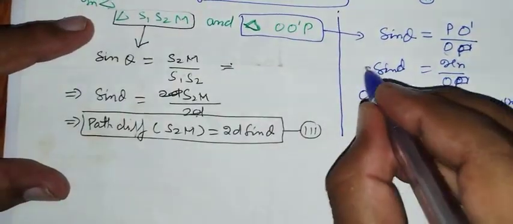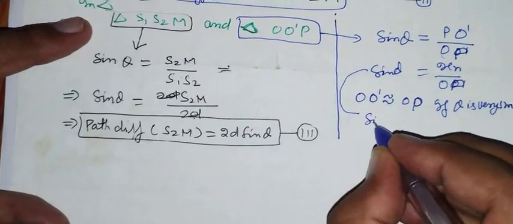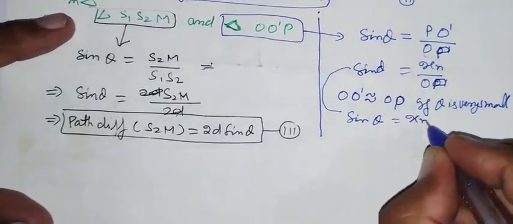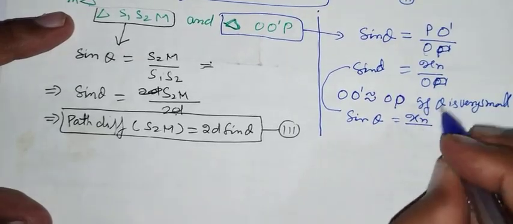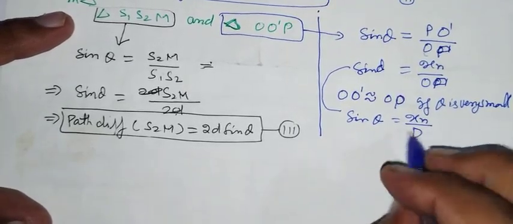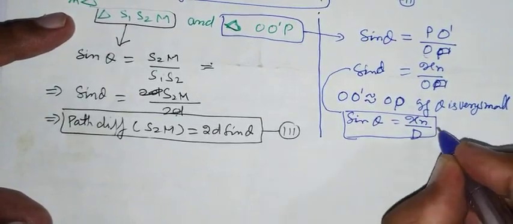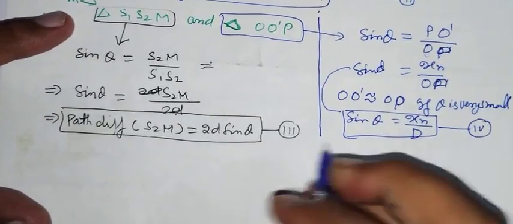Then sin theta is xn by OP, which is capital D here in this case. It can be written as equation number 4.